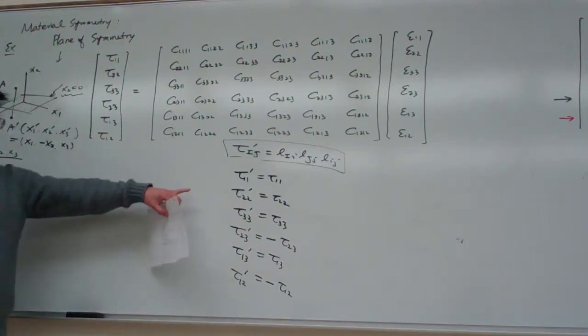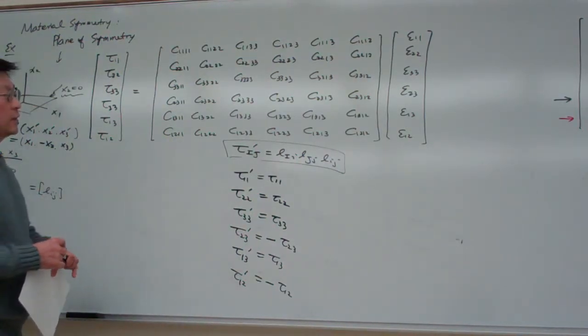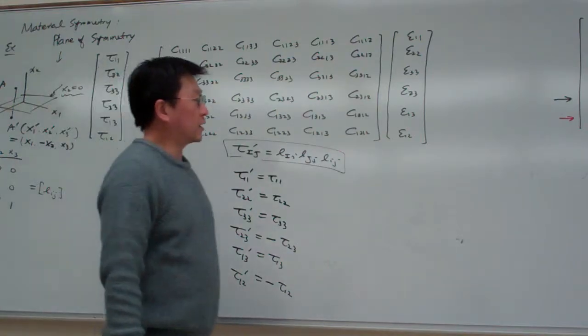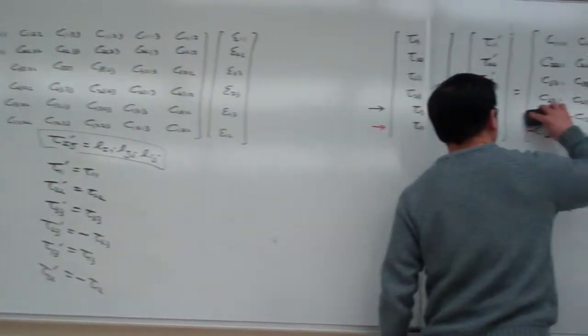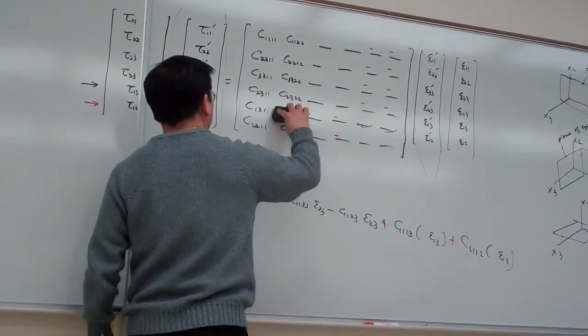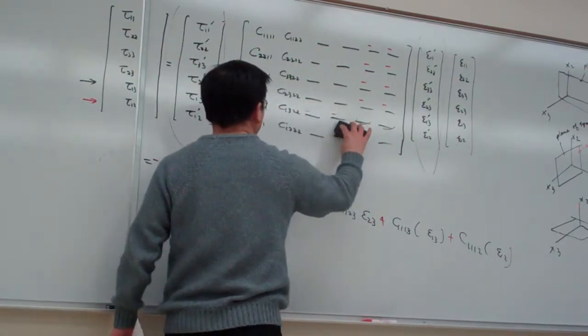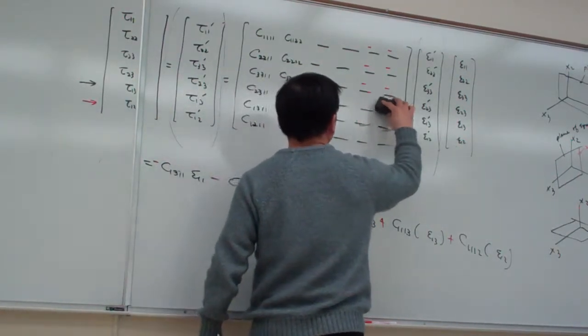Okay, similar patterns apply to strain. Then in a similar process, let me take advantage of the board, and you can utilize the templates, the handouts here, to work out the case for yourself.